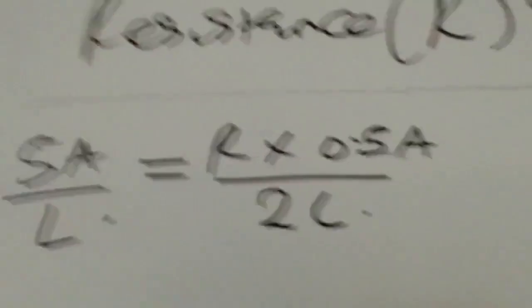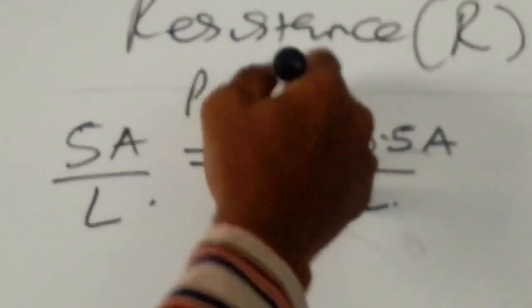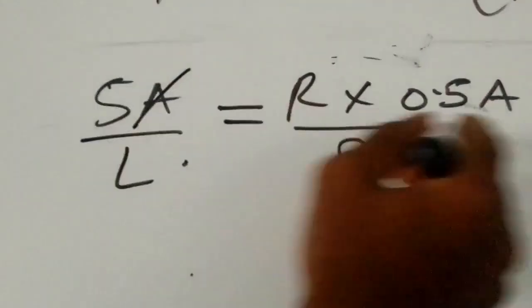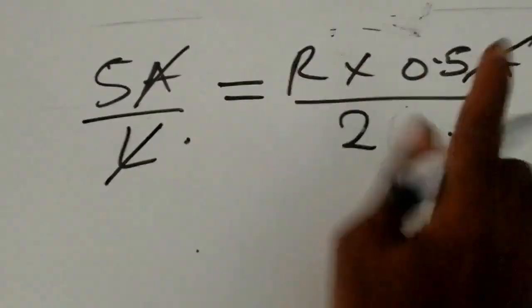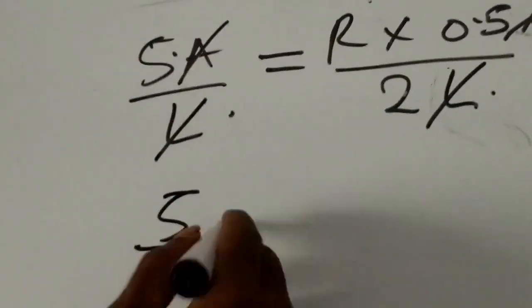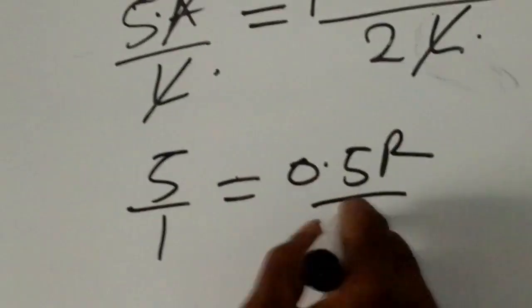Remember that the wire has equal resistivity, that is rho 1 equal to rho 2, as we have said earlier on. Looking at this expression now, A cancels A, and length cancels length. We now have 5 over 1 equal to 0.5R over 2.